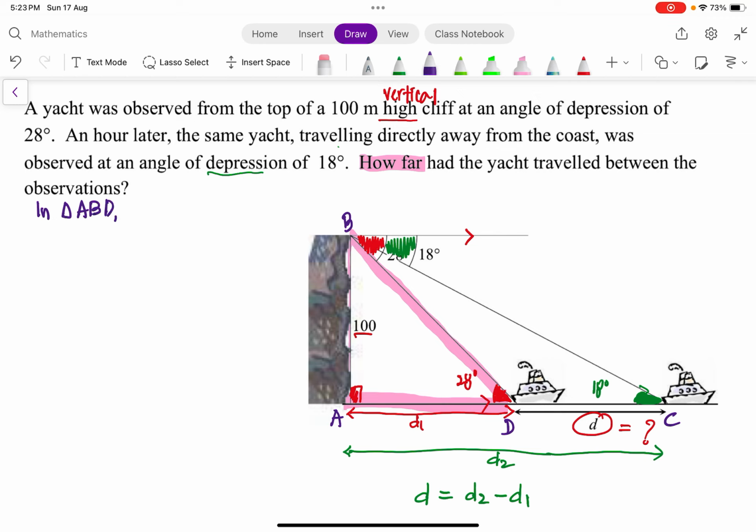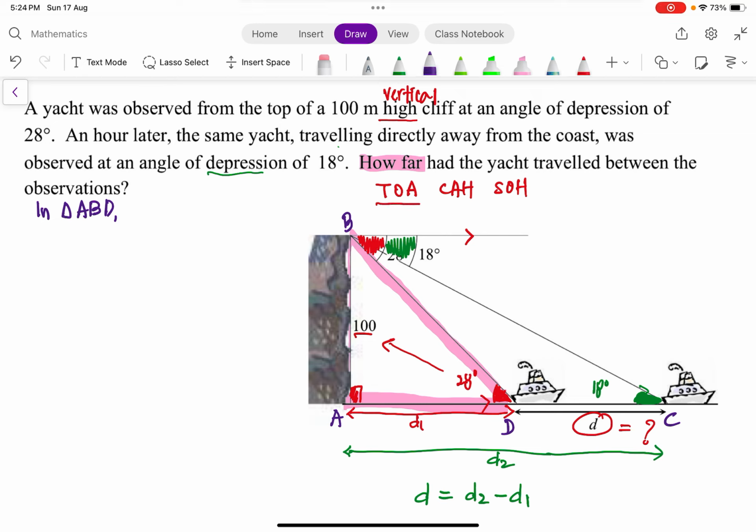In this case, triangle ABD is a right angle triangle. So in any given right angle triangle, we can apply SOH CAH TOA. So let's see which one we will apply. I do have 28 degrees, and to this 28 degrees, I have the opposite side and the adjacent side. So given opposite and adjacent, I know that I am able to apply tangent.